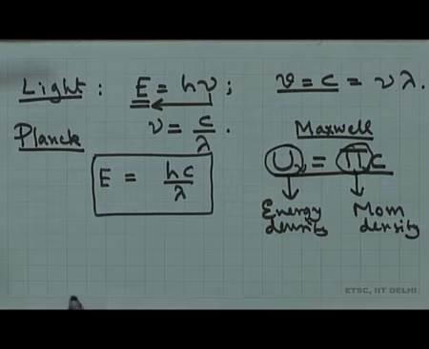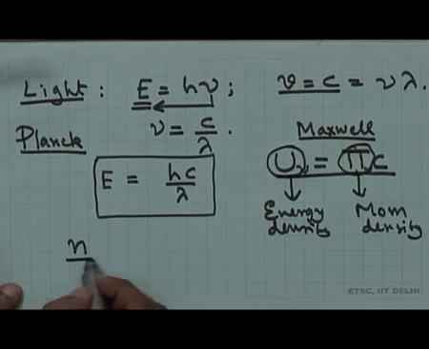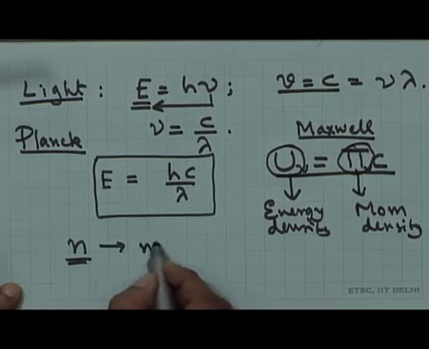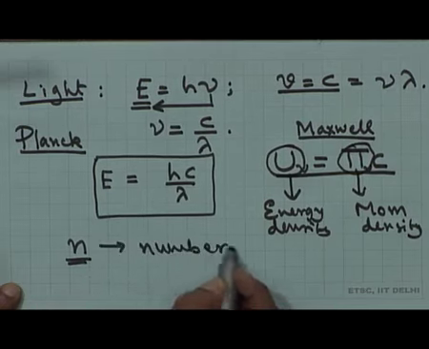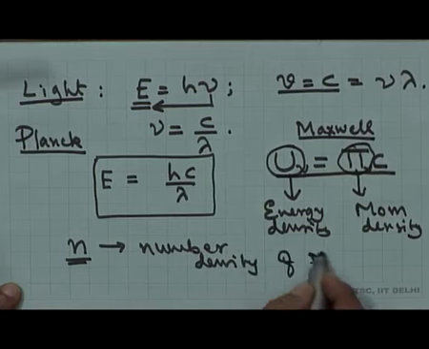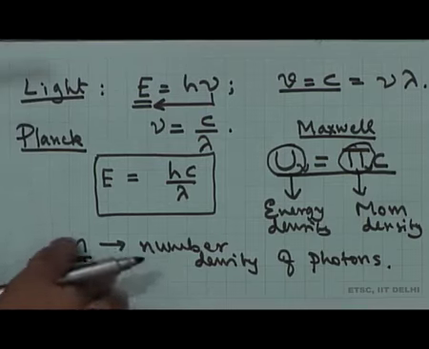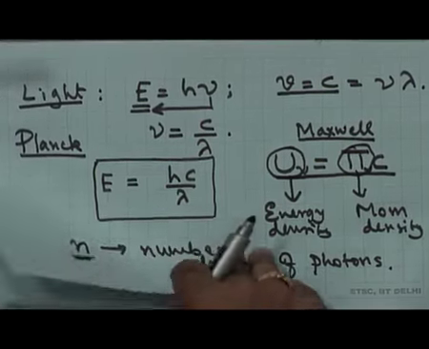If I did that, then what we would do is to introduce the number density of photons. We now couple this number density of the photons with the energy density. So, how do we do that? Each photon carries an energy h nu.